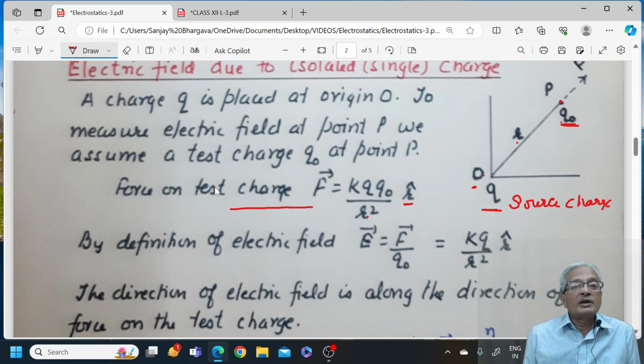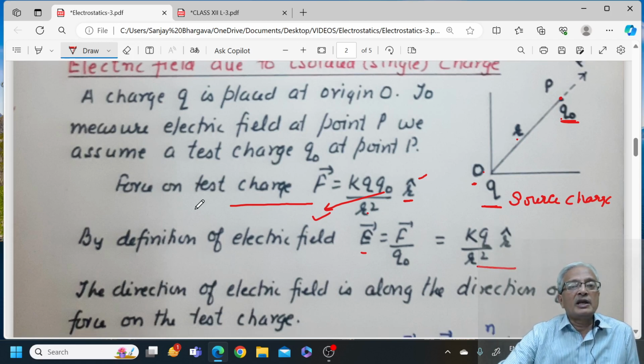How do we calculate the direction of the force? Because Q0 would experience a repulsive force in the outward direction. So r cap is positive. Now what does the definition of electric field say? E must be equal to F upon Q0. So bring this Q0 this side. This would be equal to kQ upon r squared r cap.